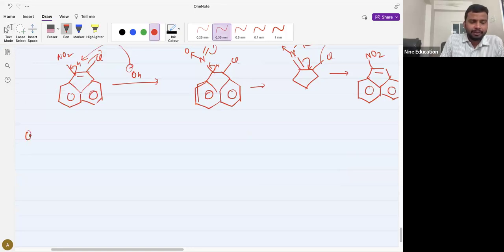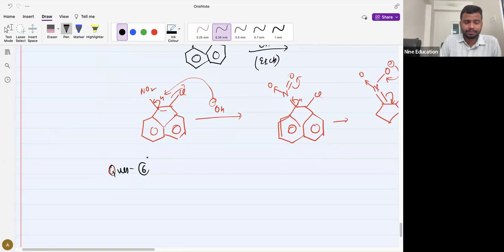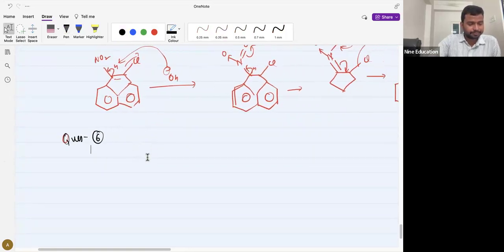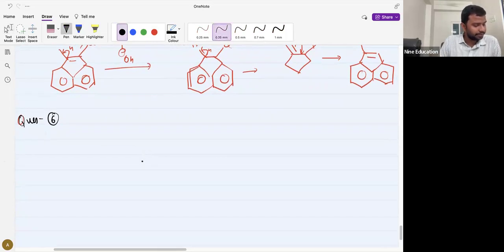Let's say one more example I will take. देखें ये example. Fifth, sixth one. Sixth example, see. Let's say I have here this bromine on this side and this methyl.